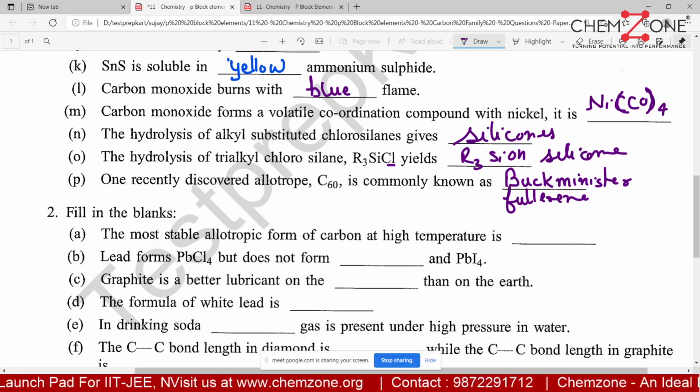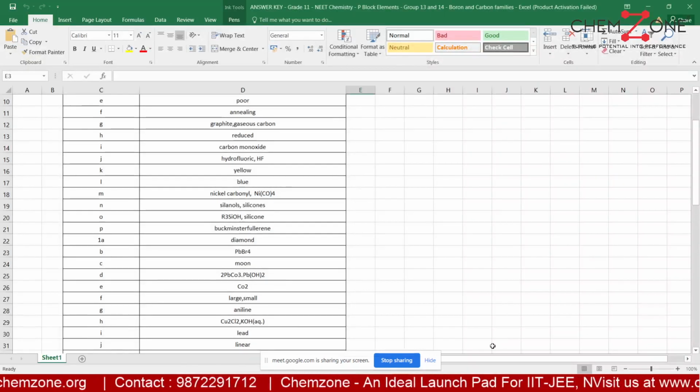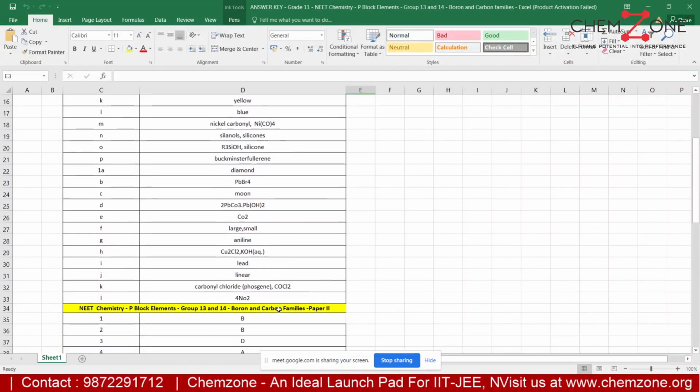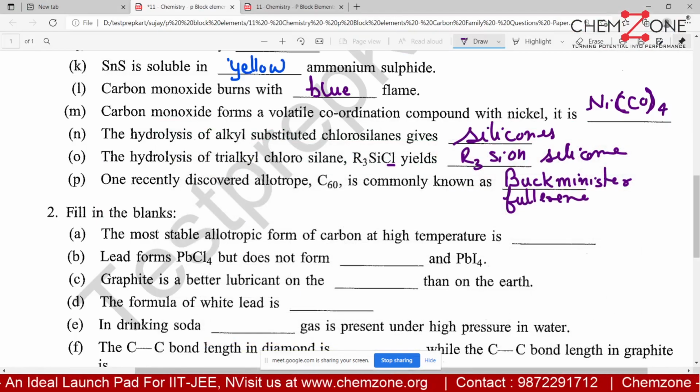The most stable allotropic form of carbon at high temperature, which form is most stable here? The diamond. Diamond is most stable here.